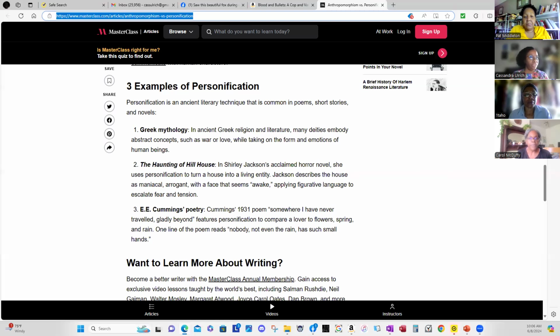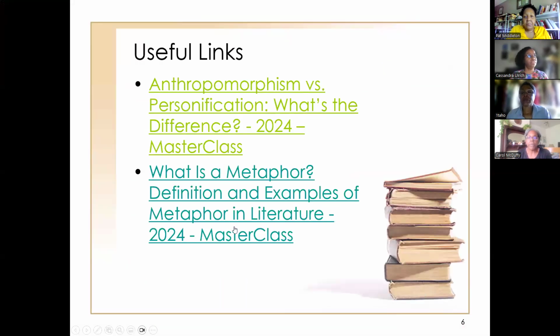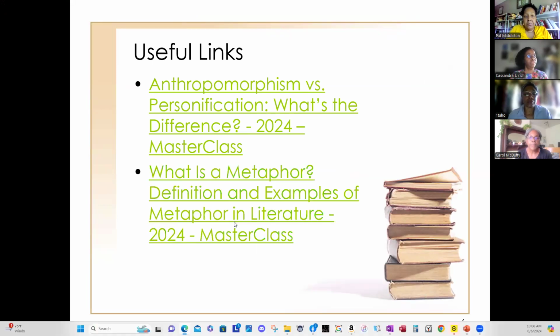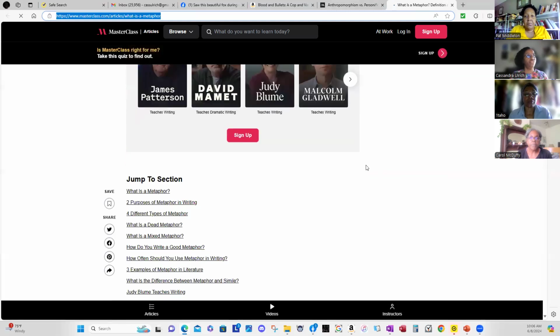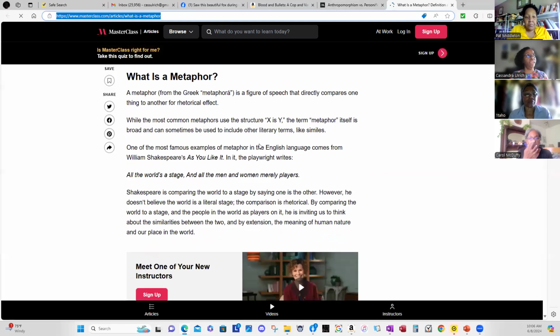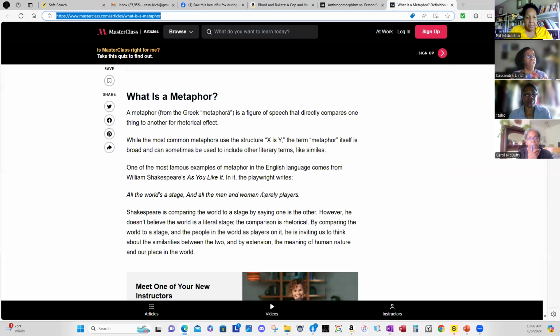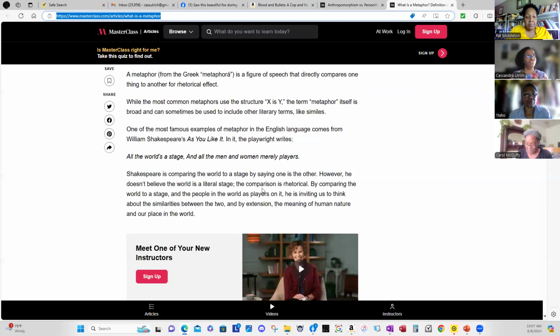And then the other link, getting back to slides, talks about metaphor. This goes through, again, a little bit more detail and examples. Shakespeare's "All the world's a stage, and all the men and women merely players." So "all the world's a stage" is the metaphor that he's using in his writing.